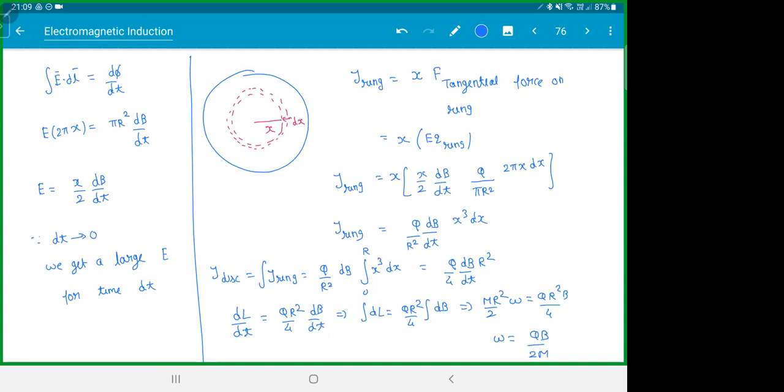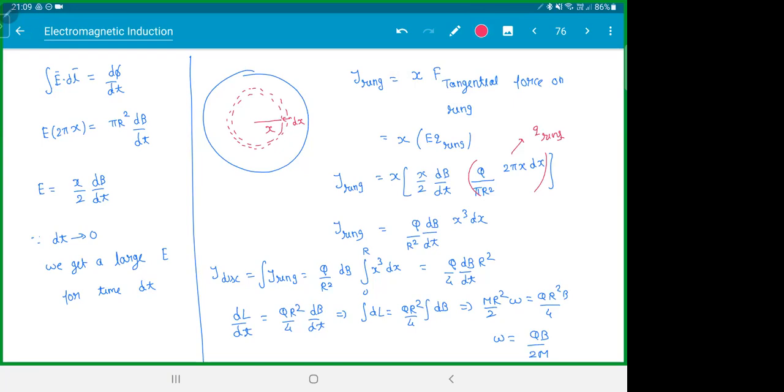Check. I think some of you didn't get the 2 part actually. Q by pi r square into 2 pi x is the charge on the ring. Yeah, right, Raghav. That's the thing. Q by pi r square is the charge per unit area. And this into 2 pi x will be the charge on the ring. Please look at the steps. Some of you got qB by m.